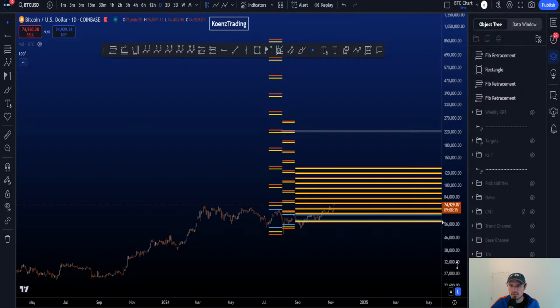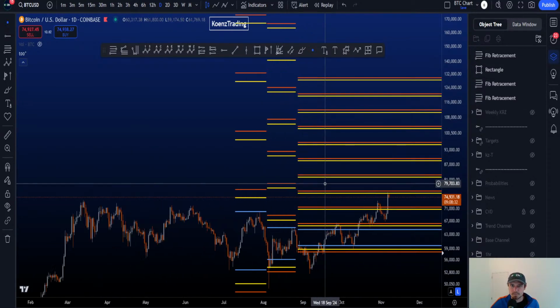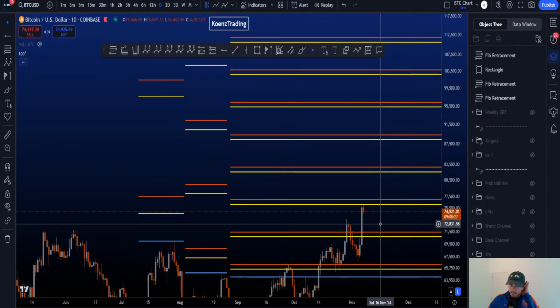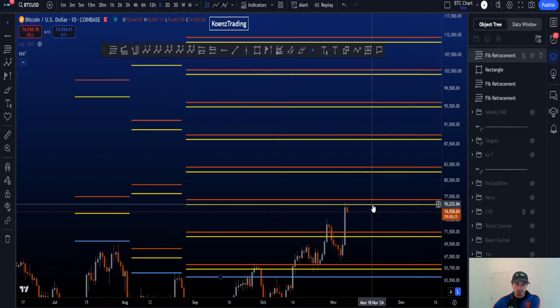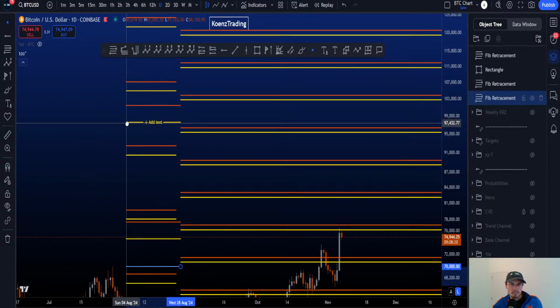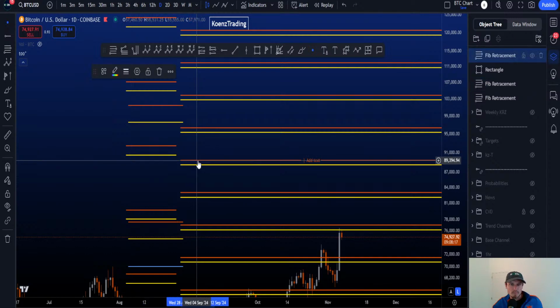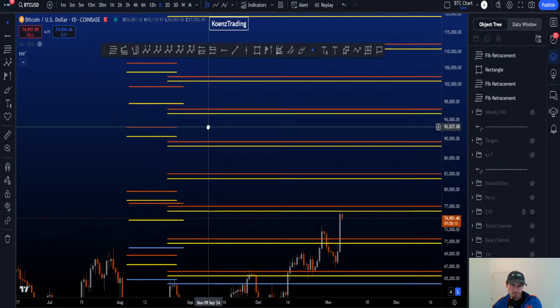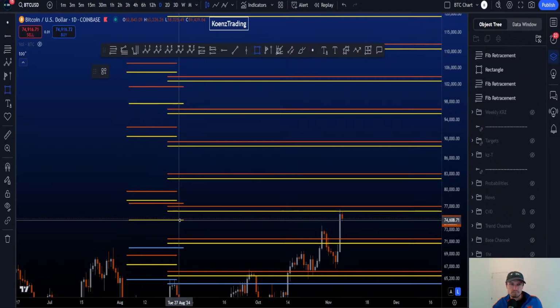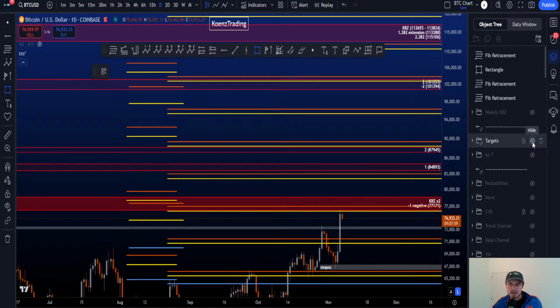Oh, it's all the way up there. I mean, we hit this one now, and it's already marked. It's already a target area.